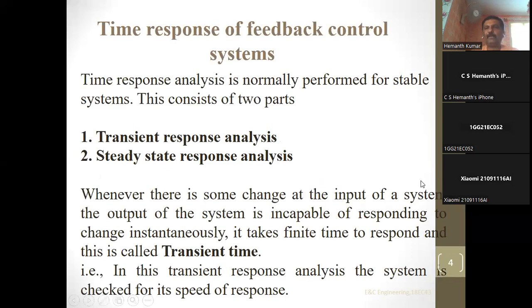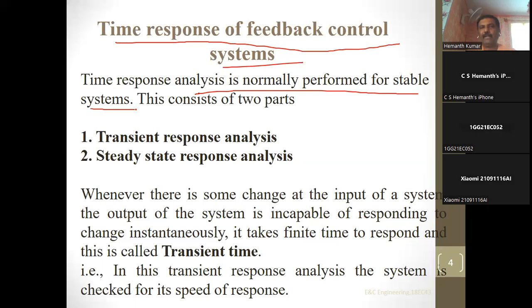Now coming to the next important criterion, that is the time response of feedback control system. As I told you very clearly, the time response of feedback control system is majorly performed for stable system.